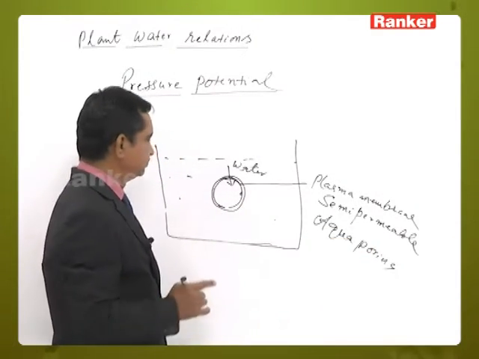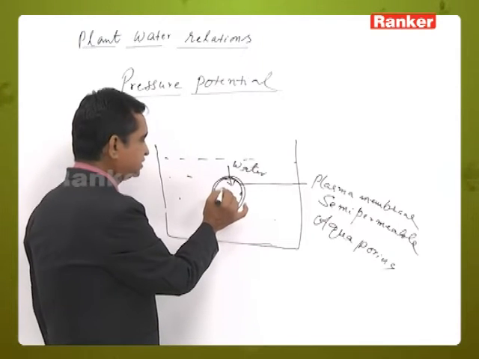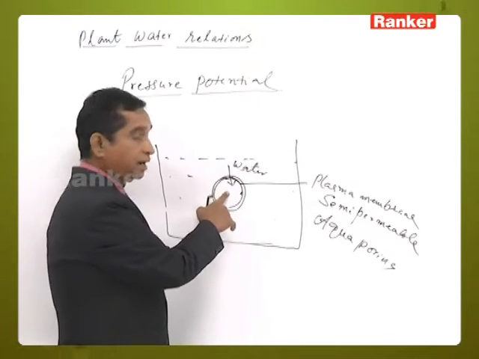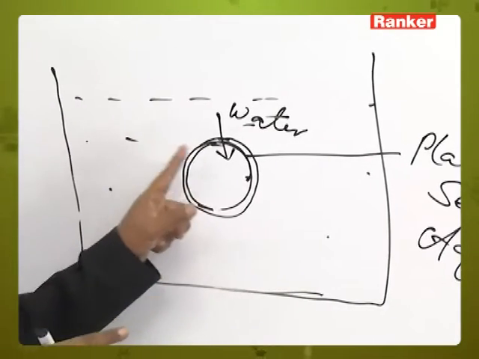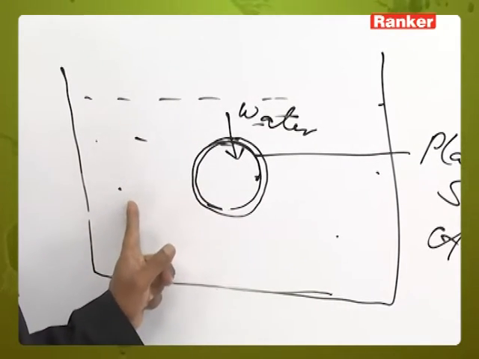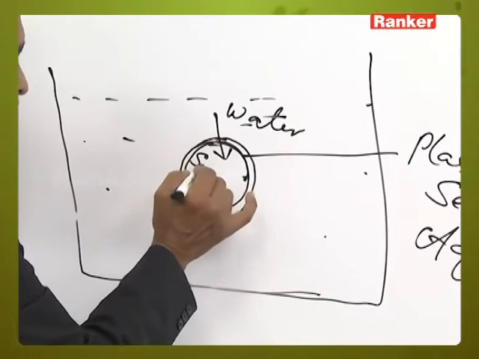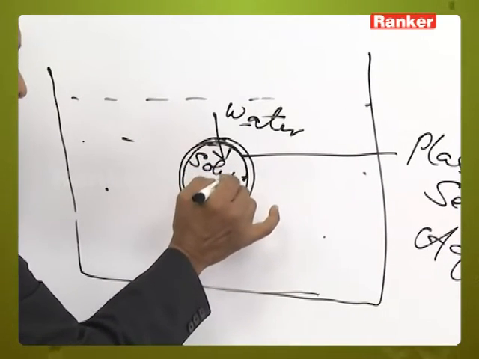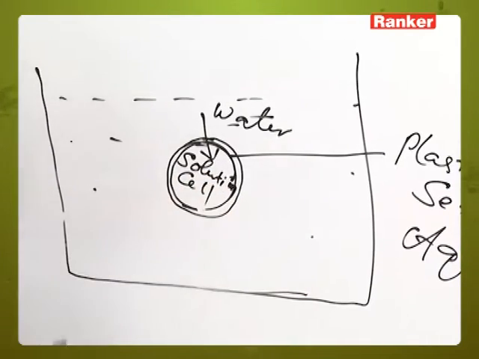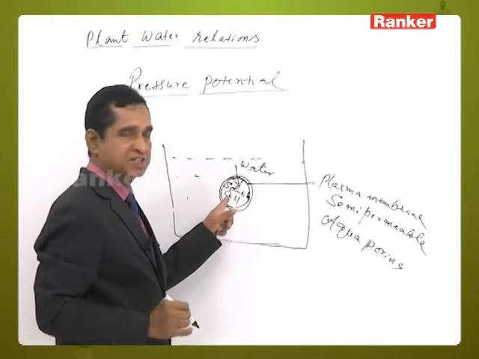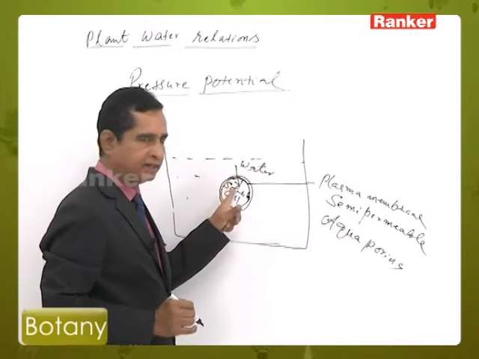Okay. Here, the concentration of the cell is higher than that of the surrounding medium, water. It means the cell has a solution, that is cell solution, which must be more concentrated, that is hypertonic.